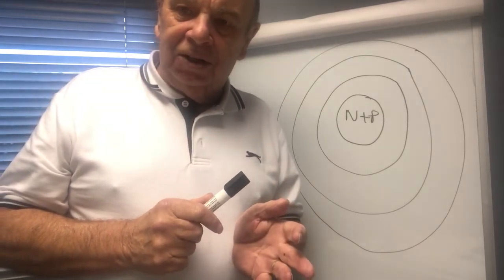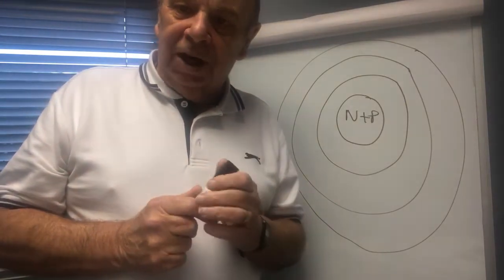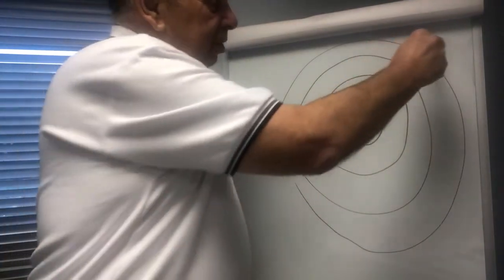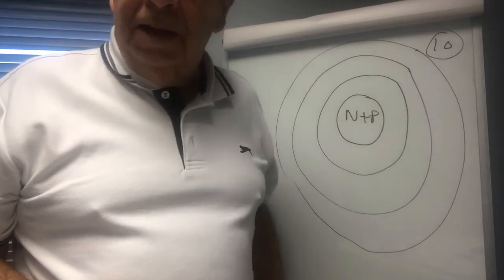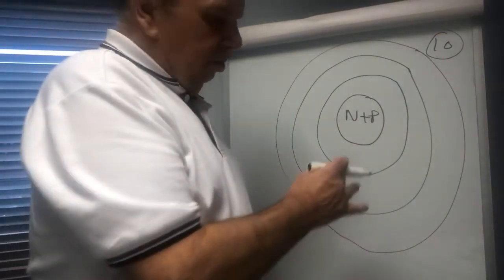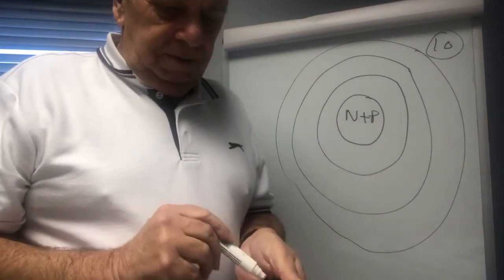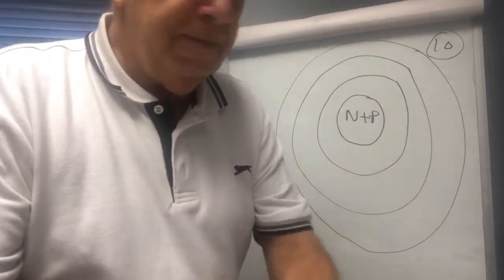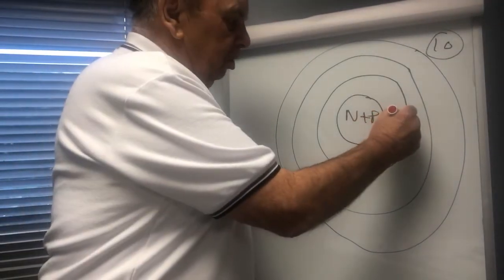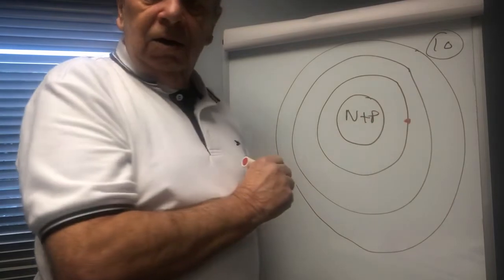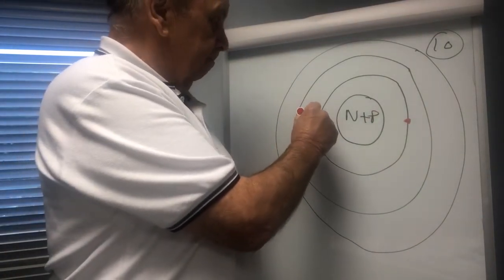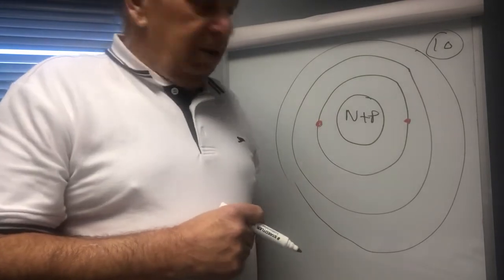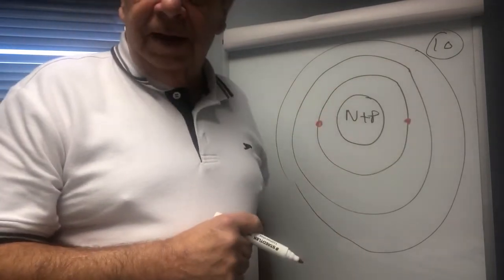So if I said something contains, let's say, 10 electrons, it means therefore that the first shell, that's that shell, can only contain 2 electrons. So 2 from 10 is 8.